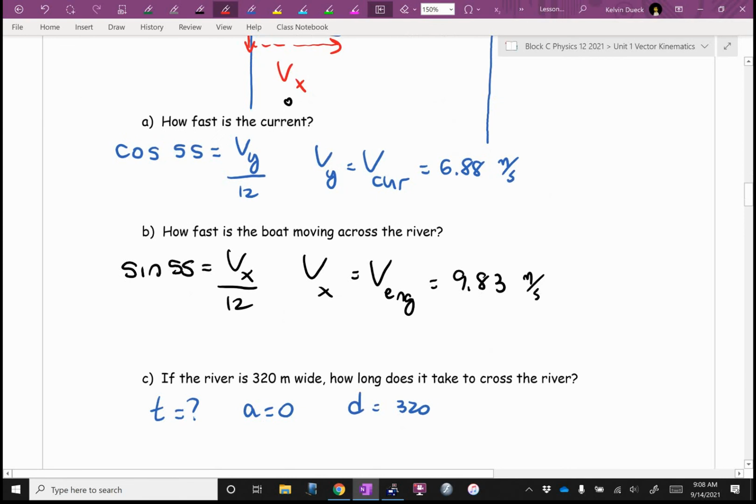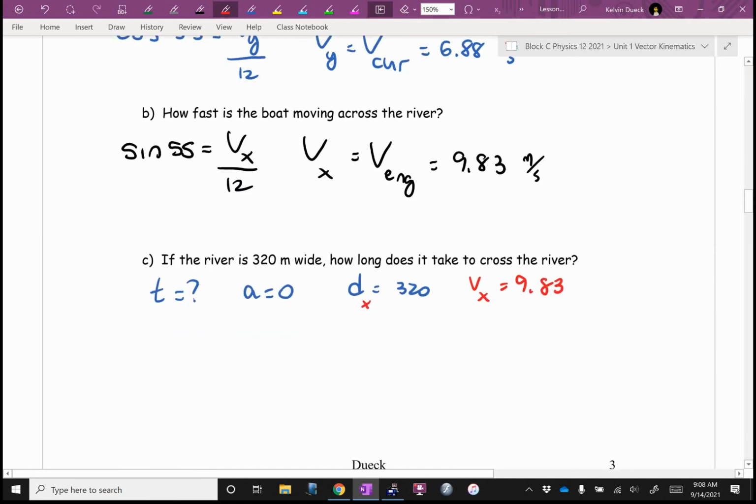So down here, I'm going to put a little dx, which means I better use a vx to find time, not a vy and not a v slanty. I'm going to use the 9.83. In fact, I'm going to use my answer button.